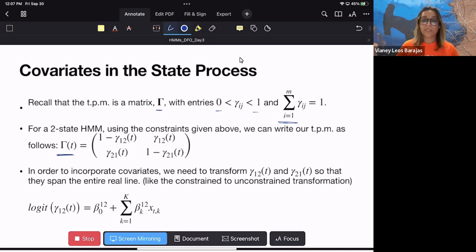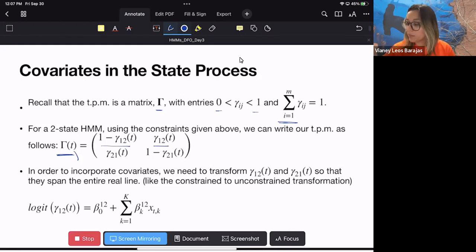We know that gamma, now incorporating this notation t, so this is going to vary depending on the conditions at each time point, is equal to 1 minus gamma sub 1,2, gamma sub 1,2, and so on.